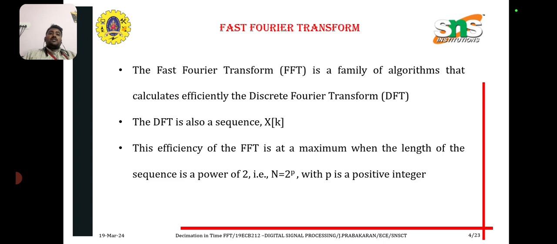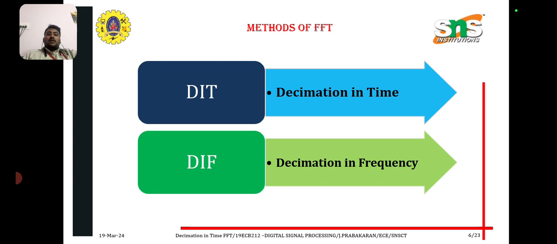Another main thing is butterfly operations. The core operation in the FFT algorithm is the butterfly operation. A butterfly combines a pair of input values to produce a pair of output values. Another one is the twiddle factor.